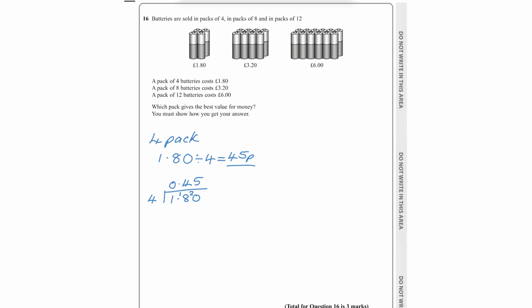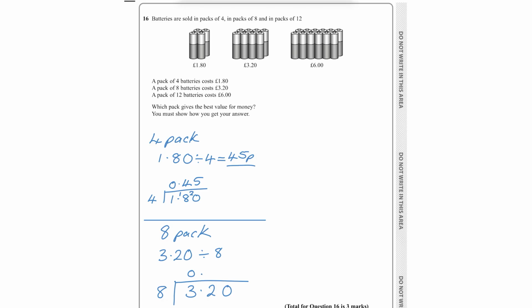And then we've got the 8 pack. So let's do that here. We'll make a note, 8 pack. The same process, we have £3.20 divided by 8. Bus stop again. The £3.20 goes in the bus stop, 8 on the outside. 8's into 3, they don't go, so that's a 0.